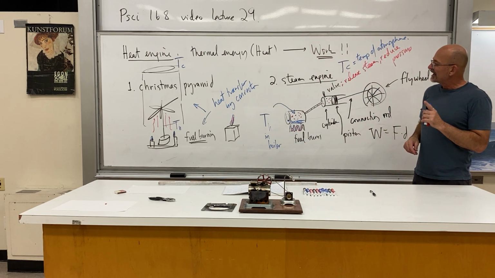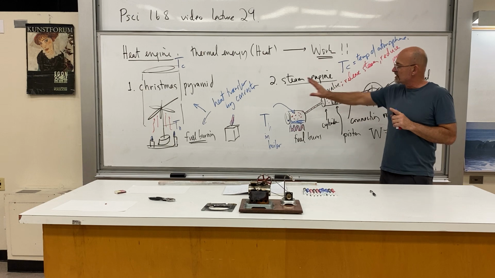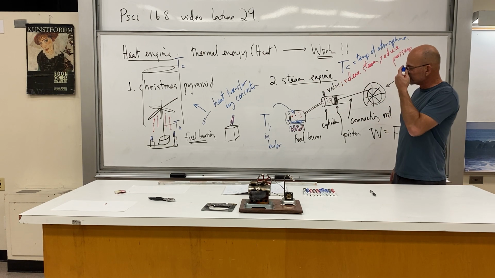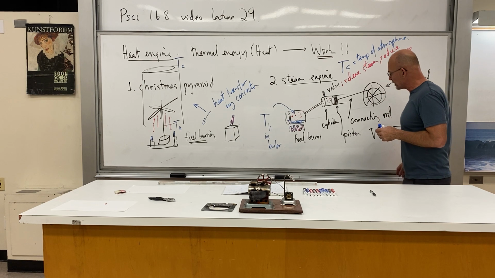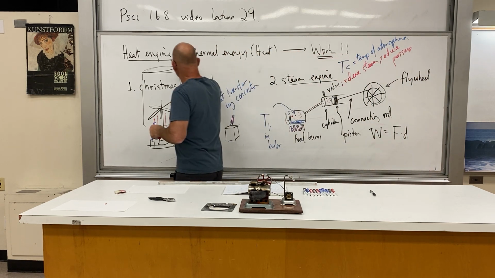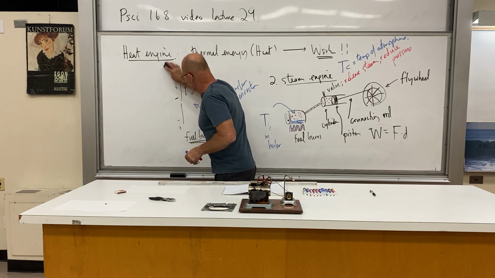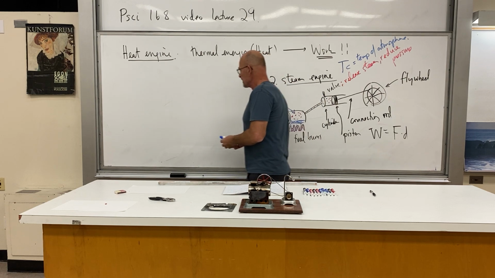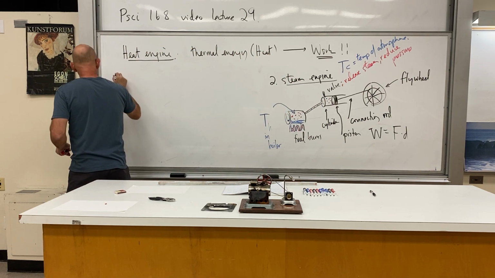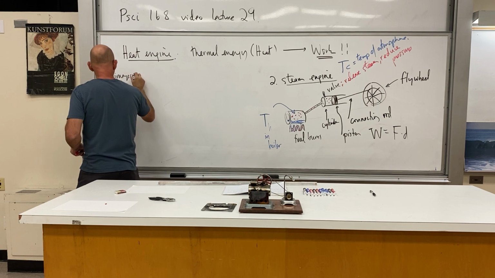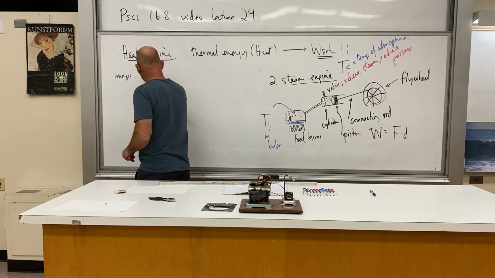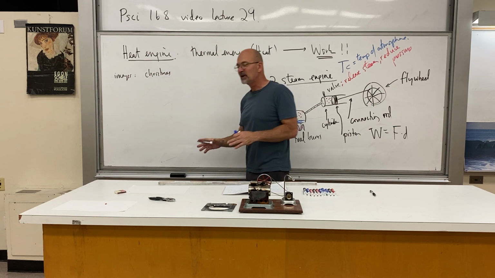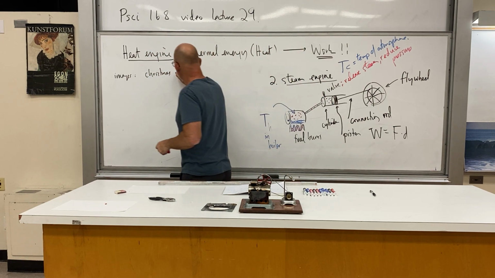So for your assignment, we need to get pictures of these, but then other types of heat engines as well. So I'm going to erase the one on the left and get a little list of things that you want to add to your notebook. So we need images and certainly Christmas pyramid, you'll see that there are some pretty ornate large ones over in Europe.